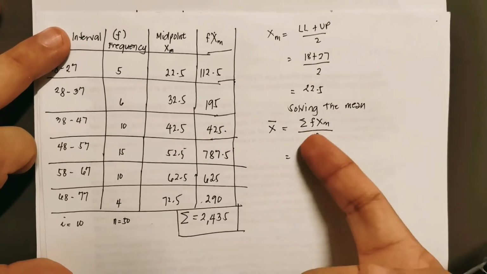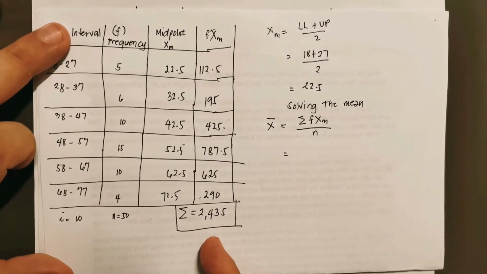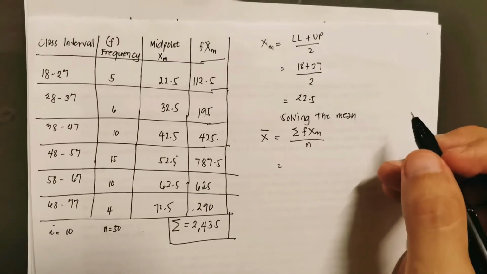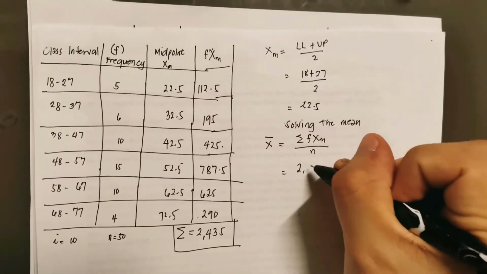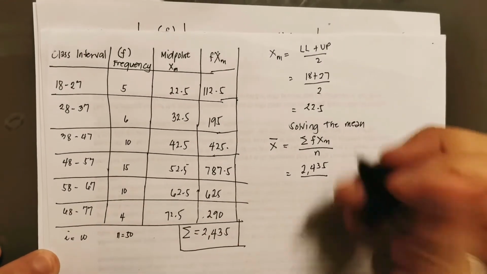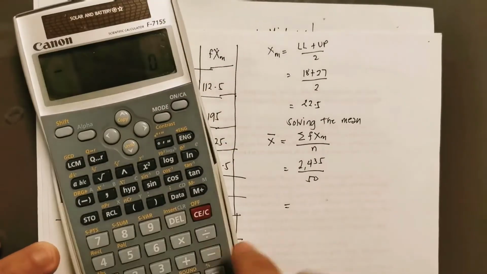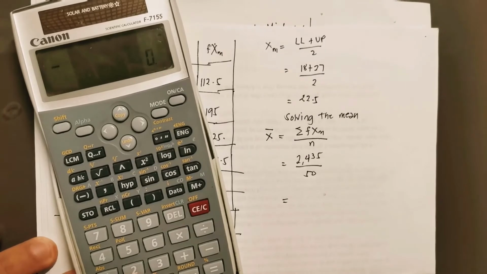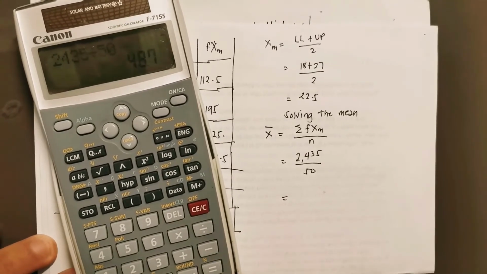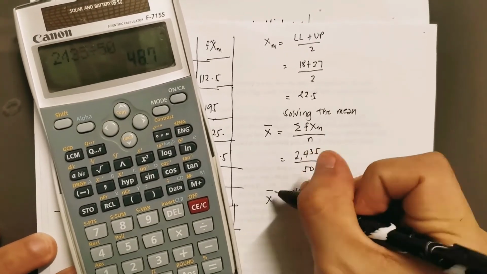The summation of fx sub m is 2,435, divided by our sample size, n, which is 50. So 2,435 divided by 50 is 48.7. That is our mean.